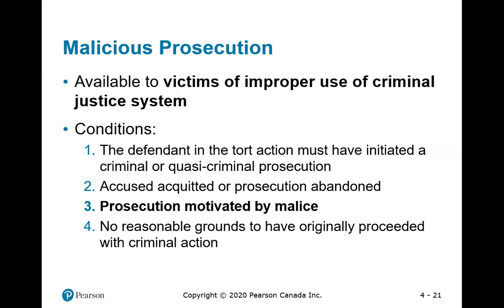So after being acquitted, after not being found guilty, my neighbor can turn back to me and sue me for malicious prosecution, because I used the justice system to cause harm to someone who didn't do anything bad. Okay, this is not so common, but that's what malicious prosecution is: using the justice system with malice to cause trouble, to cause problems to others.